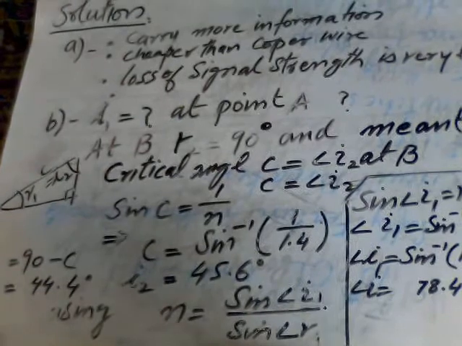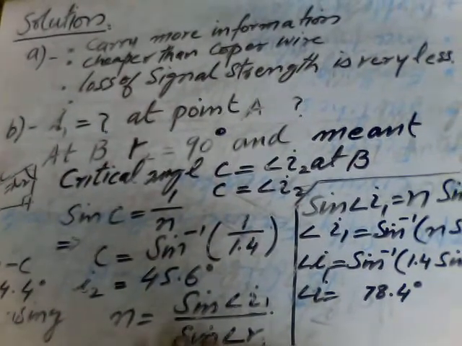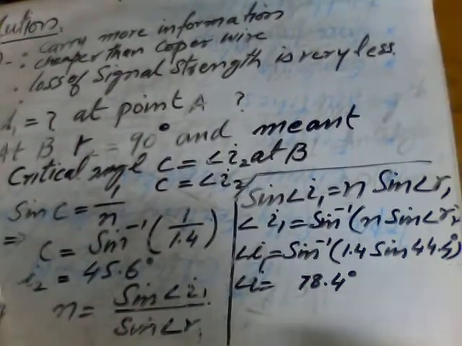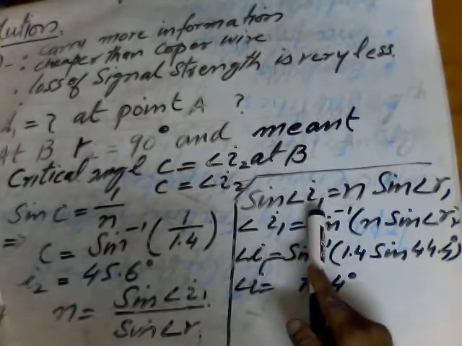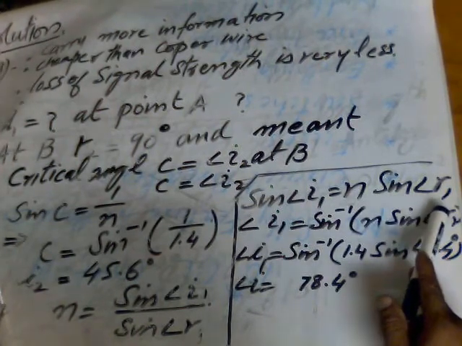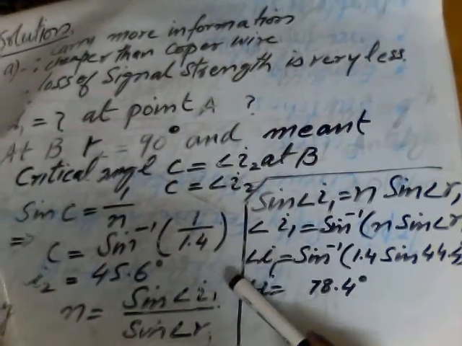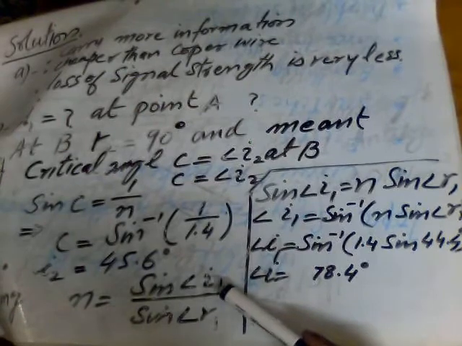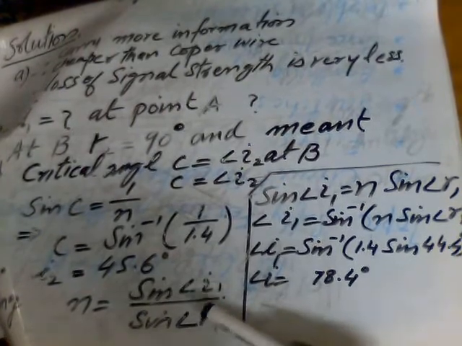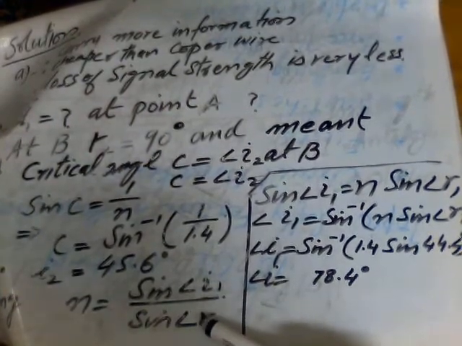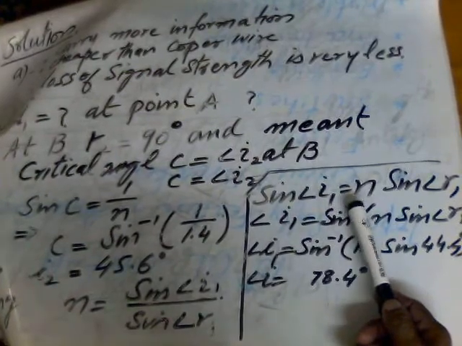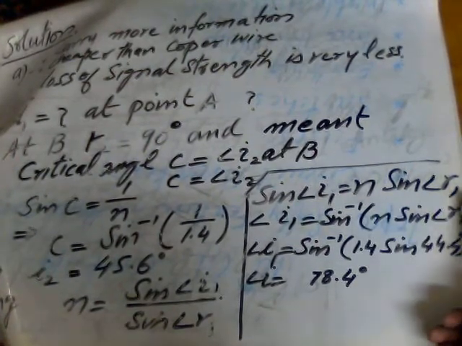This equation can be rearranged in this form: sine angle I1 is equal to n sine angle R1. Again, look at this figure.